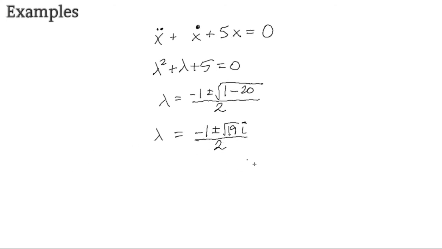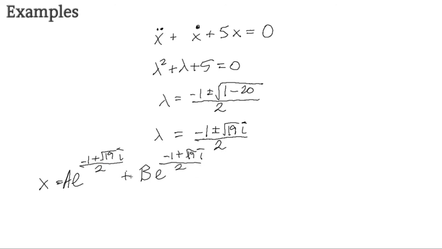So after we've done this, we use the normal format: x equals A e to the (minus 1 plus root 19 i) on 2, plus B e to the (minus 1 minus root 19 i) on 2.